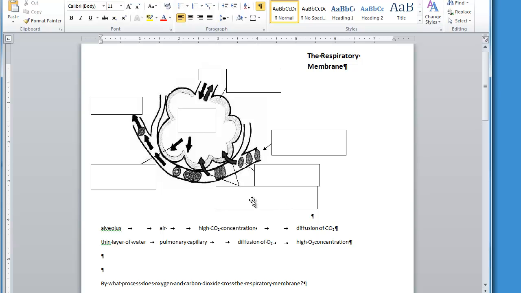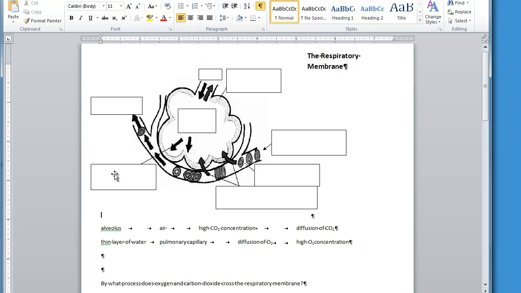And this box here is pointing to these two arrows, which would indicate the diffusion of carbon dioxide. So that's this set of terms here. So this would be the diffusion of carbon dioxide. And then as that blood passes by the alveolus, we see oxygen is diffusing out of the alveolus into the pulmonary capillary.